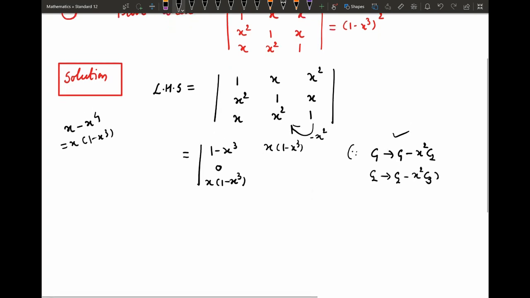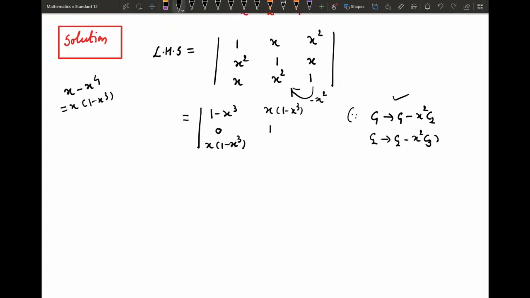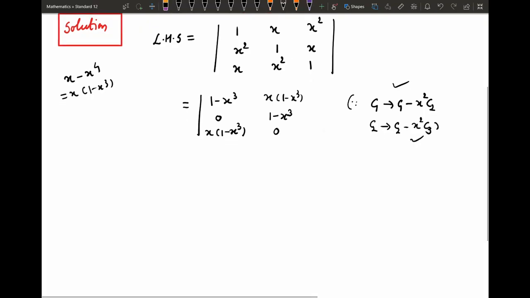Here it will be 1 minus x cube. Multiplied this by minus x square and add here. So 1 minus x cube. And here x square minus x square, so 0. So due to this operation, from second column we can also take 1 minus x cube. So outside there will be 1 minus x cube into 1 minus x cube. So there will be 1 minus x cube square.